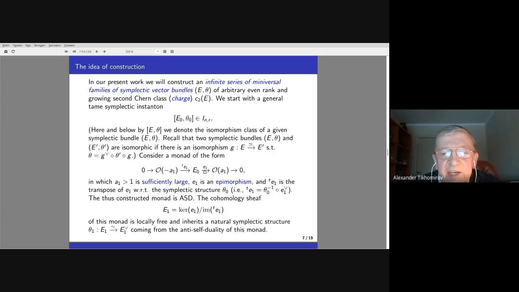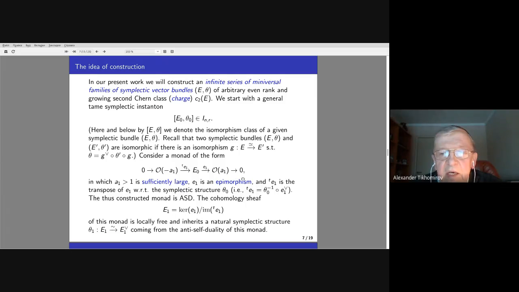I should mention that once we achieve that the right-hand morphism E1 is an epimorphism, which is achieved when the twist by a1 is sufficiently large, then automatically E1 transpose is a subbundle morphism, and the condition of this sequence to be a complex is automatically satisfied, because at the right and the left hand you have line bundles.